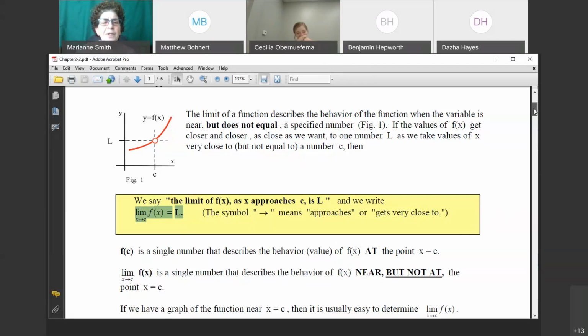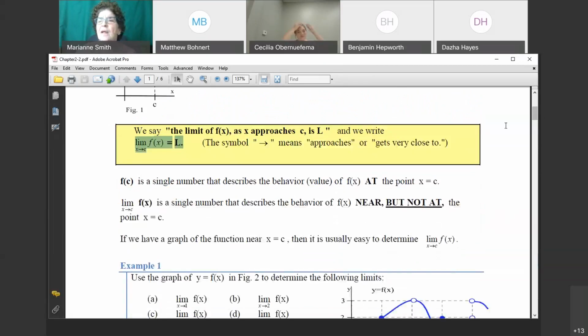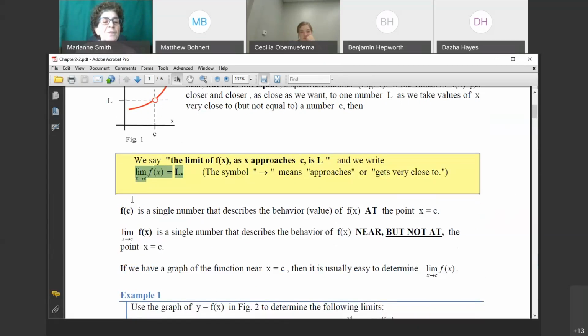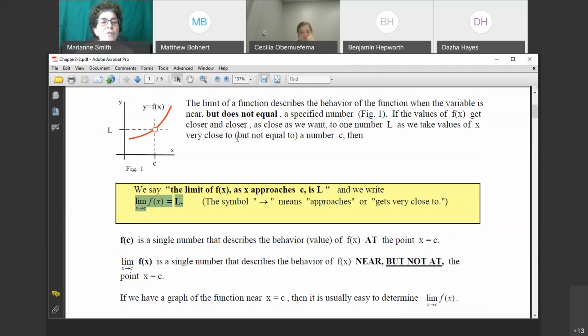So going forward, let's talk about the distinctions here. f of c is a number that describes the behavior of the function at the point c. In this graph up here, there is no value. That's what the hole means. The value of f of x at c is undefined.